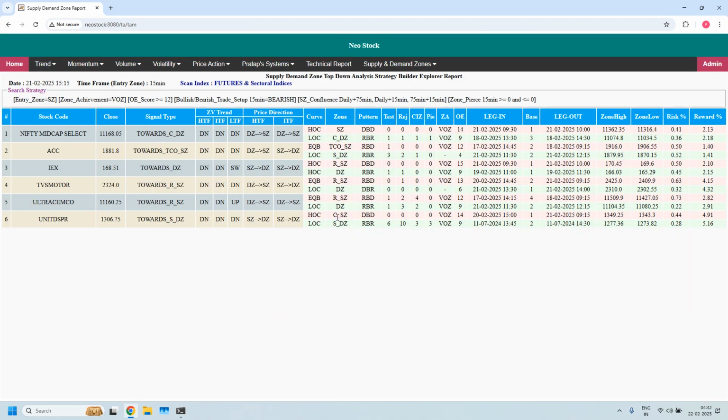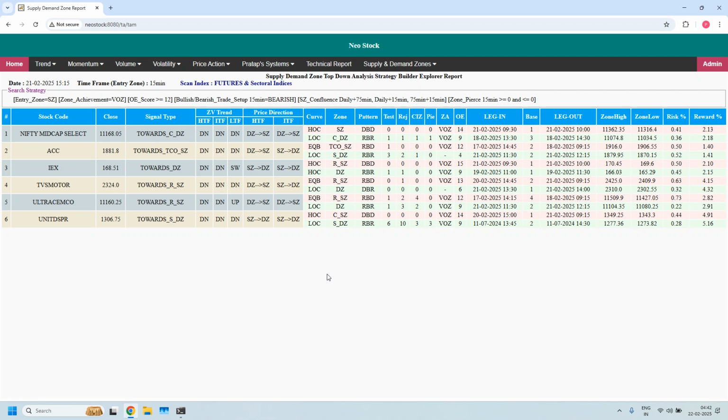In all these 6 stocks, these 15 minute supply zones are overlapped with 75 minute supply zone, both together again overlapped with daily supply zone. That means these 15-minute supply zones are fine-tuned zones inside the daily supply zone. That is how you should understand.